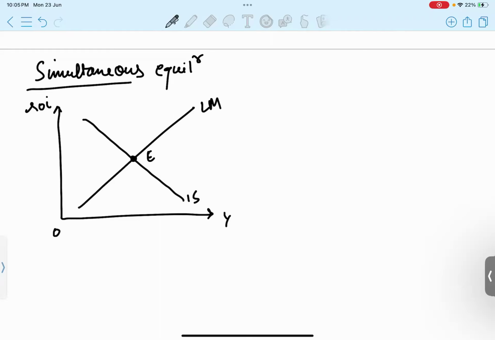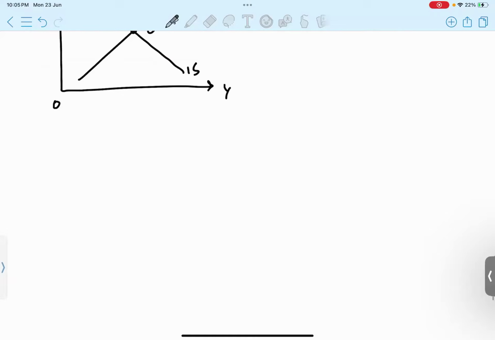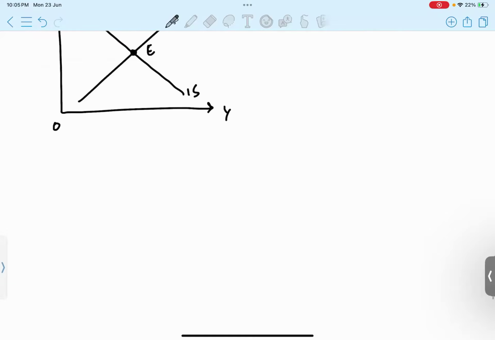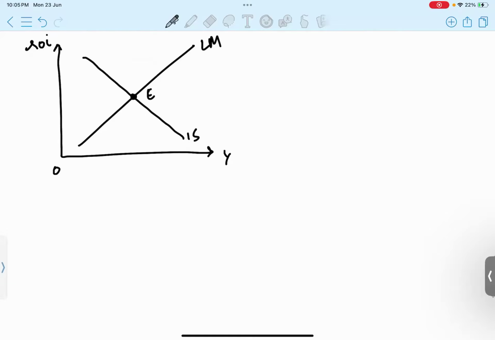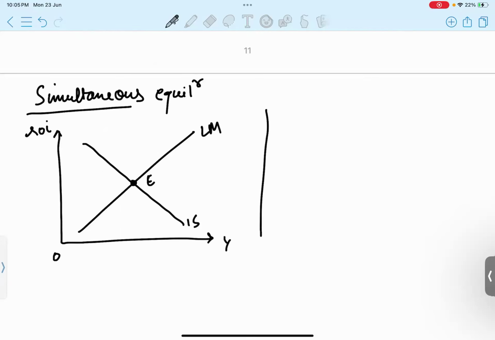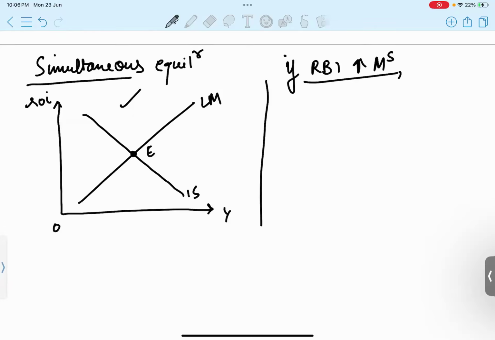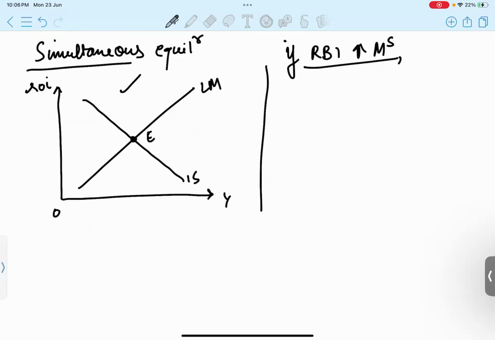Now, again, we can study what the changes are going to be because of certain policy changes or factors which together are impacting both these markets in the economy. So in one case, let's say the RBI increases the money supply in the economy, how this graph is going to change and what the implications are going to be.